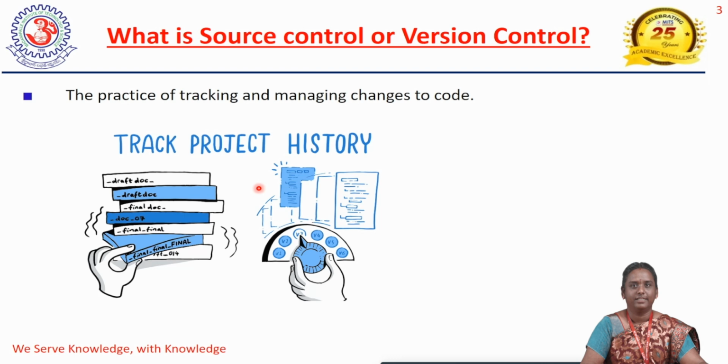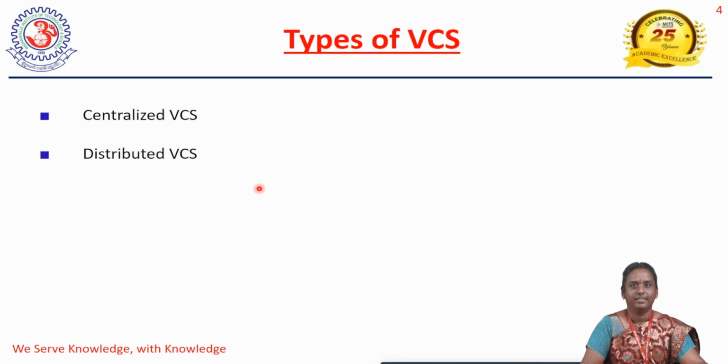In order to avoid this, we are going for this source control, which is a useful open source tool for tracking the source code. So this is the simple definition of what is version control or version control systems or source control.